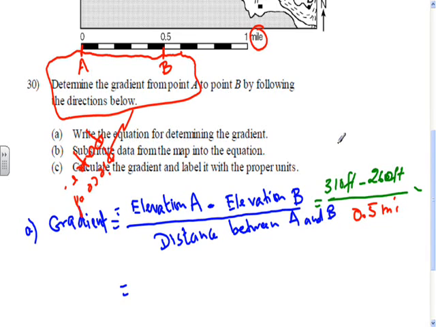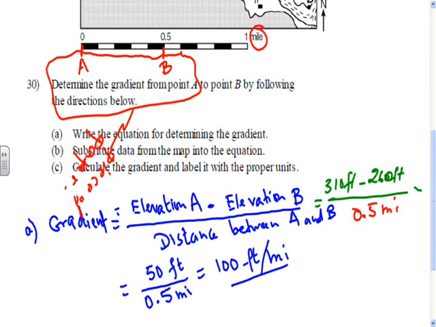So that should equal 310 minus 260, that would be 50 feet, divided by 0.5 miles. 50 over 0.5 is like 50 divided by 1/2, which means 50 times 2, that would be 100 feet per mile. Put feet slash miles. And that's the answer for this question.